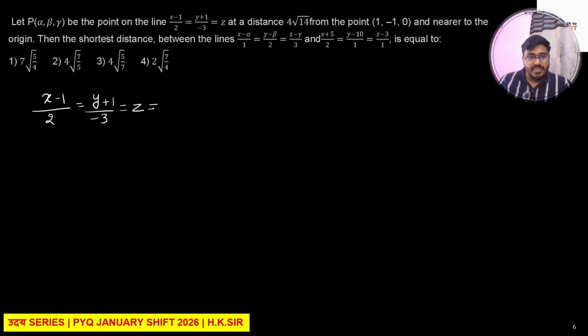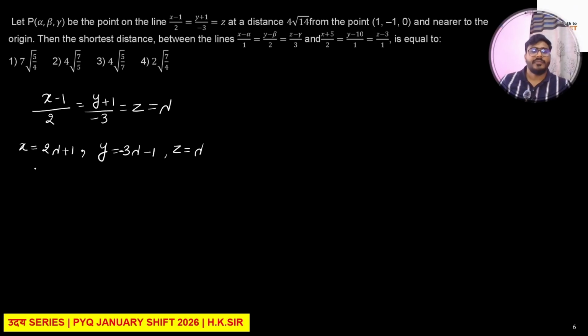Okay, so we can take the general point on this line. Make this equal to lambda, and general point we can write x equal to 2 lambda plus 1, y equal to 3 lambda minus 1. Oh sorry, this is minus 3, na? So minus 3 lambda minus 1, and z equal to lambda only.